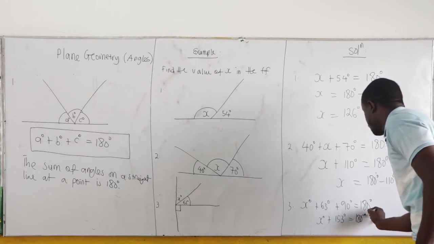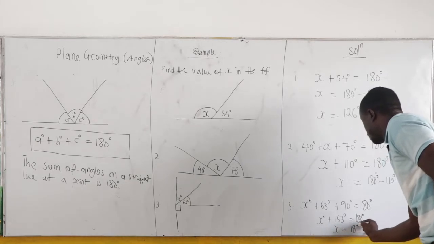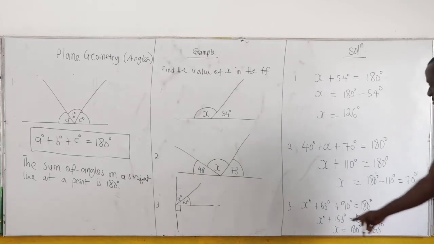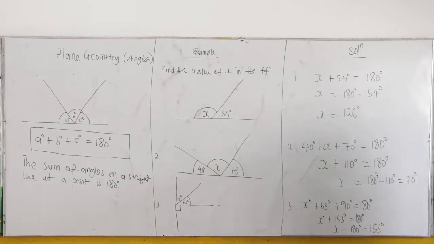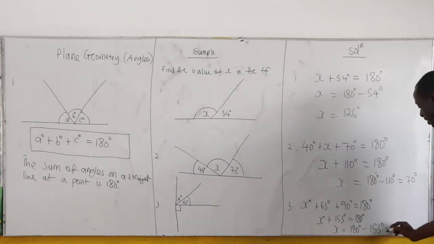Now what is our x? Our x is 180 degrees minus 153 degrees. We have to group like terms over here. Now what is 180 minus 153? 180 minus 153 is just 27 degrees.